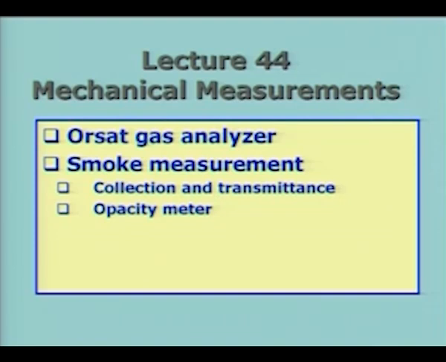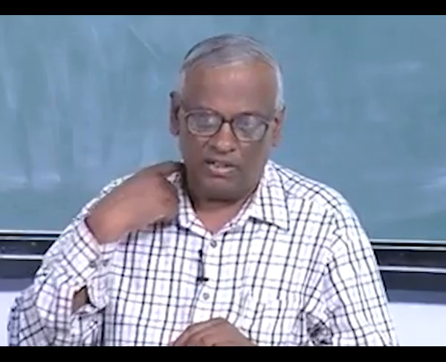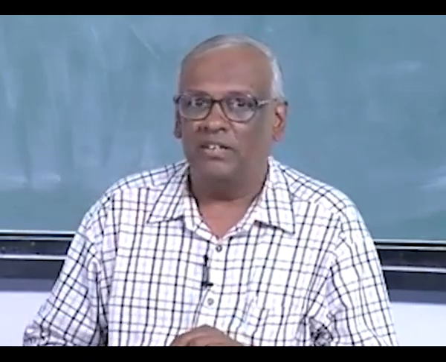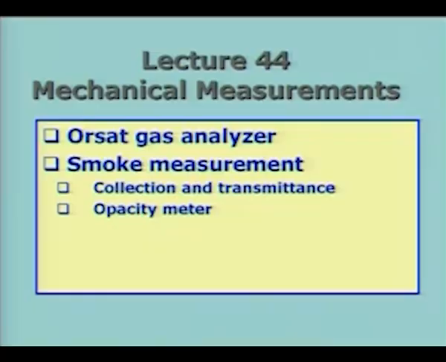And the other technique we talked about was differential absorption, which is specific to a particular gas, particular species, which absorbs at one wavelength, and a neighboring wavelength that does not absorb. The differential absorption is able to give us some idea about the concentration. The last one which I am going to describe here is the Orsat gas analyzer.